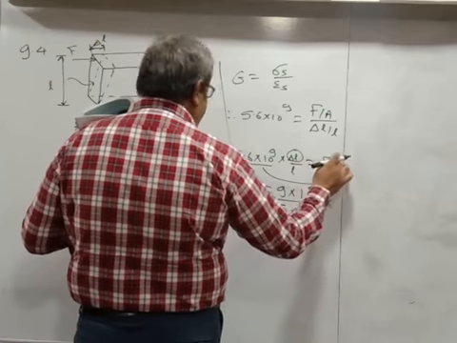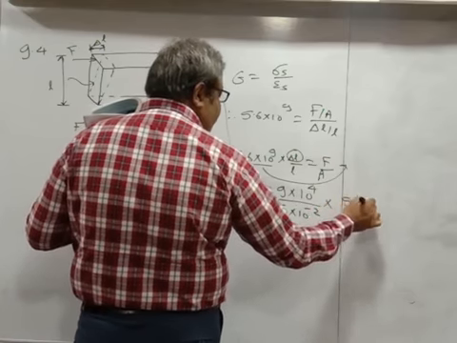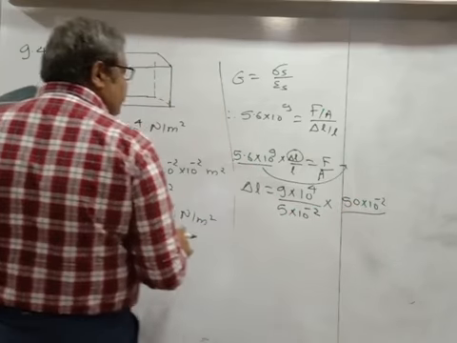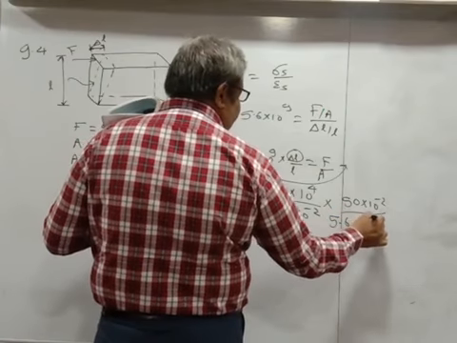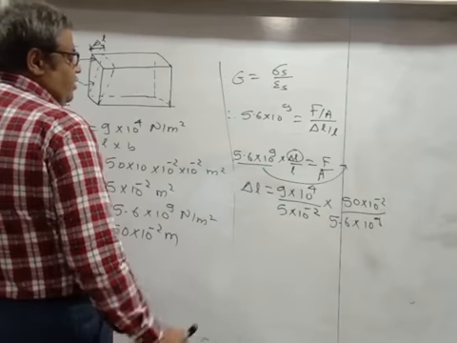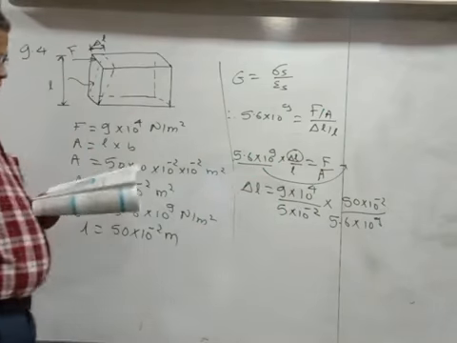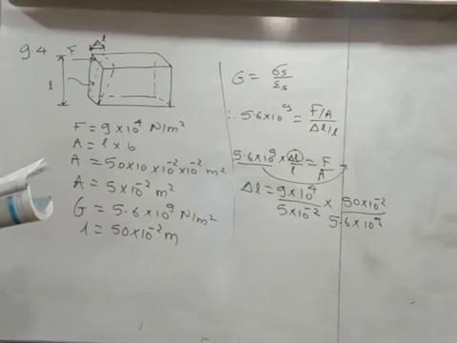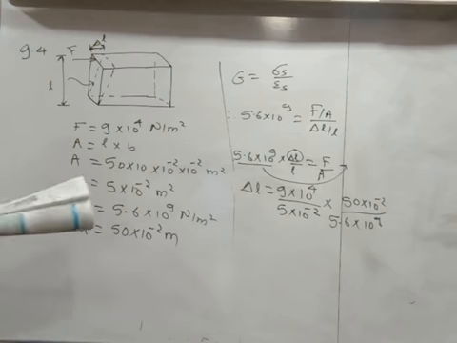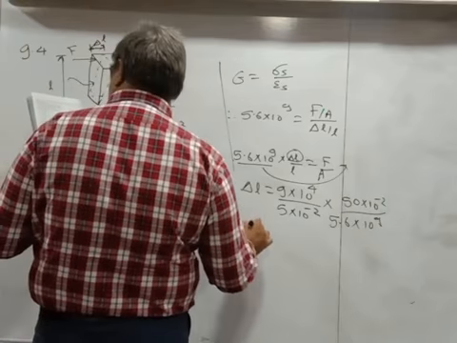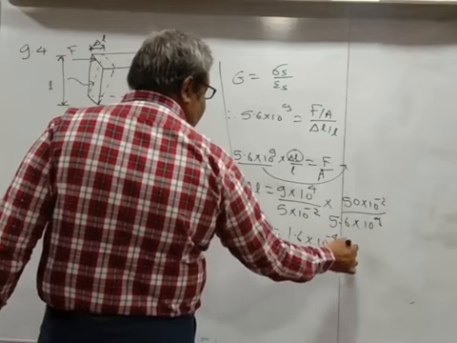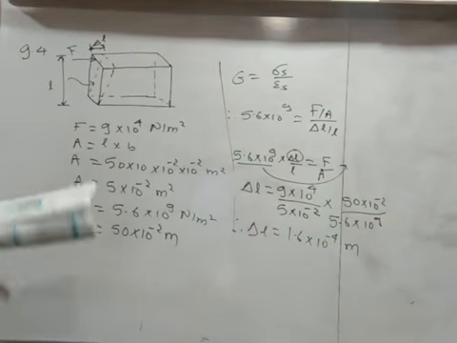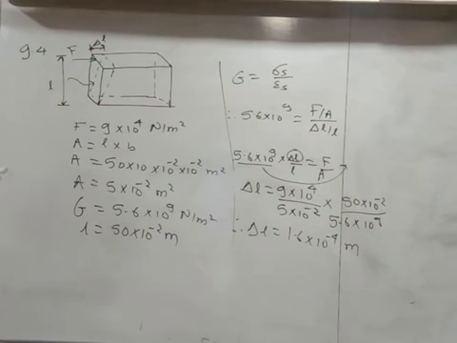So L length is 50 into 10 raised to minus 2, and here it is 5.6 into 10 raised to 9. So what we did here, we made delta L the subject of the equation. Further calculation will give us delta L equal to 1.6 into 10 raised to minus 4 meter.